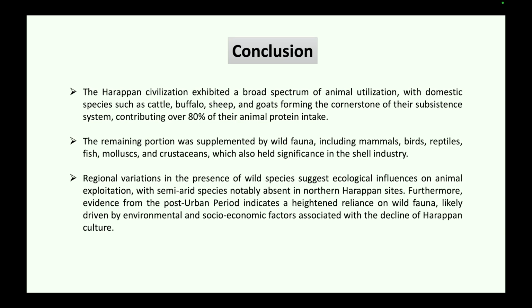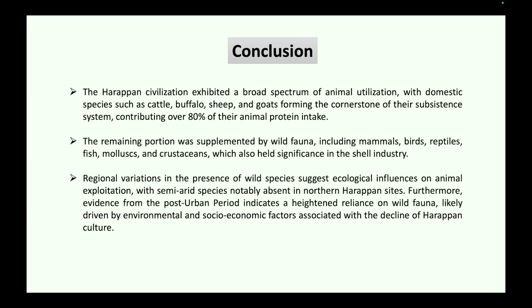Regional variation in the presence of wild species suggests ecological influence on animal exploitation, with semi-arid species notably absent in northern Harappan sites. Furthermore, evidence from the post-urban period indicates a heightened reliance on wild fauna, likely driven by environmental and socio-economic factors associated with the decline of Harappan culture.